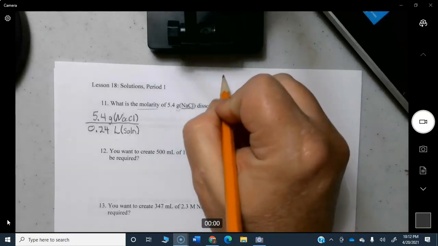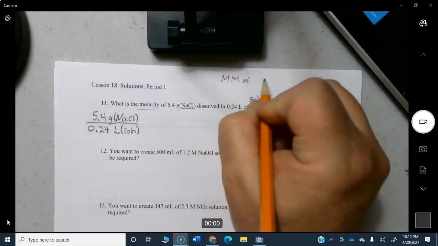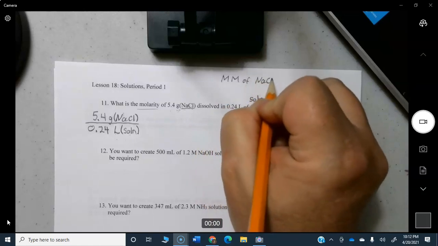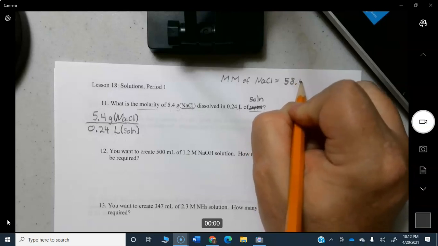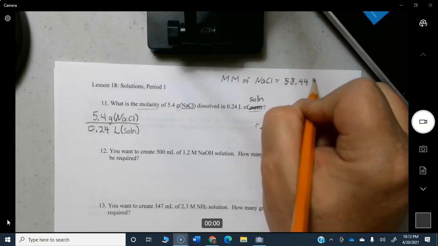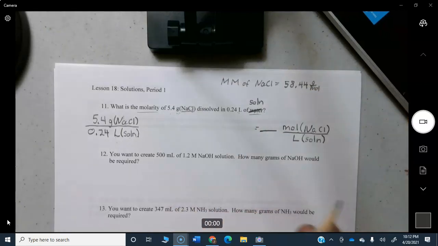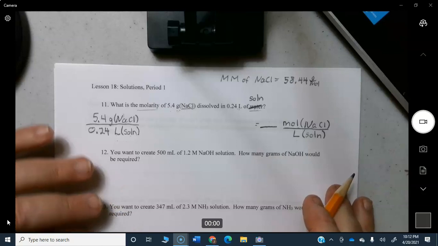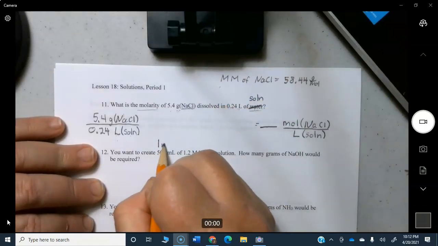So why don't we say it the way we were doing it? The molar mass of NaCl equals 58.44 grams per mole. Okay, so that's the way you would see it in a problem a lot of times if they gave it to you. But the way we want to write it for our conversion, let's write it down here, is 1 mole.